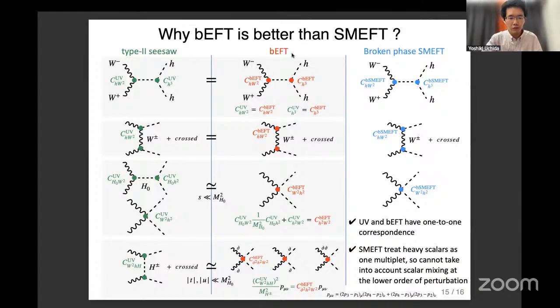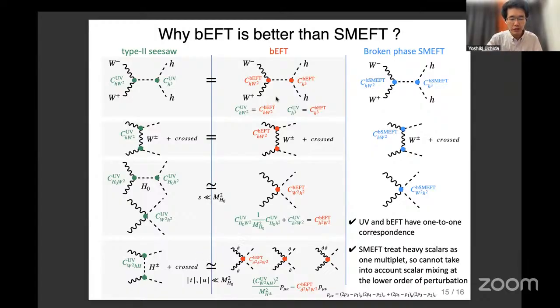So in the broken phase effective field theory, there is a one-to-one correspondence between the type-II seesaw model and the broken phase EFT. For example, there is a diagram in the UV theory that is mediated by the heavy field H plus minus.